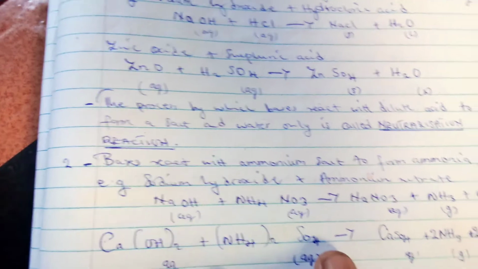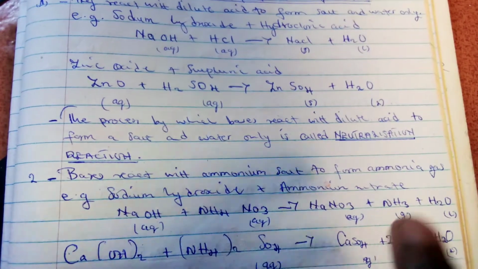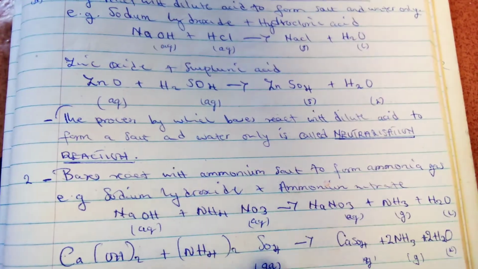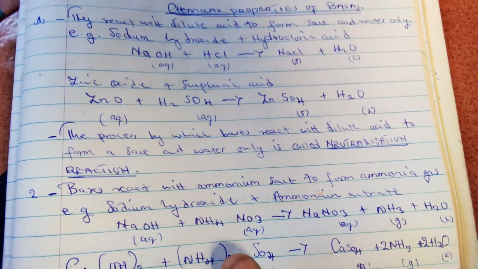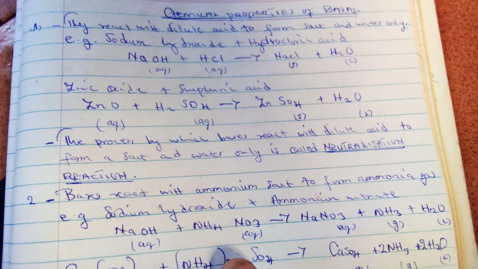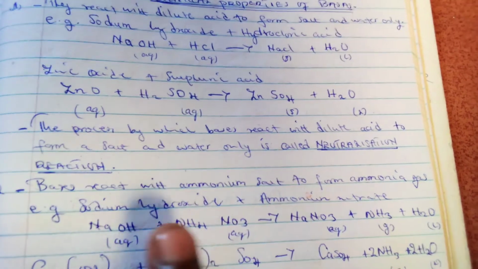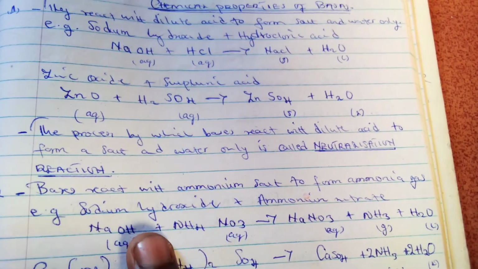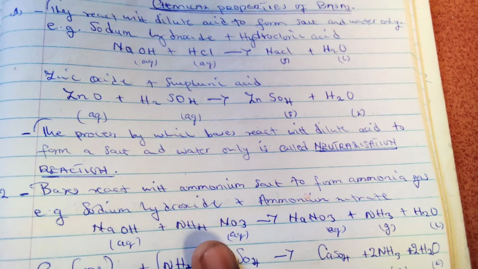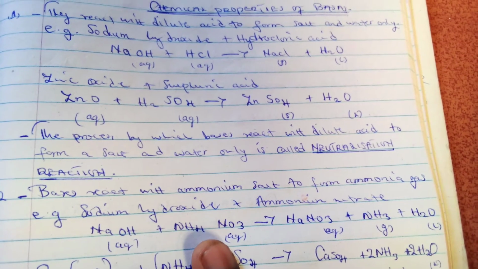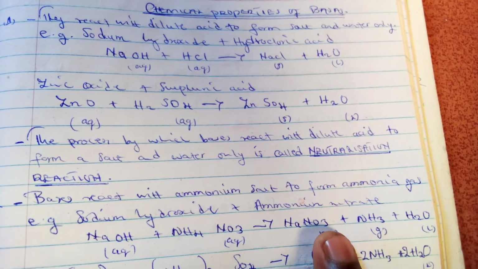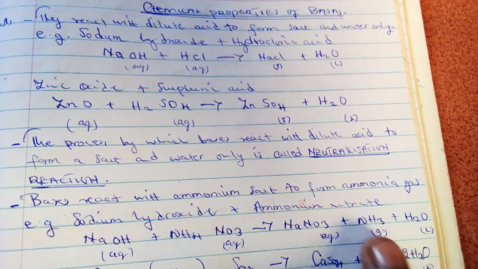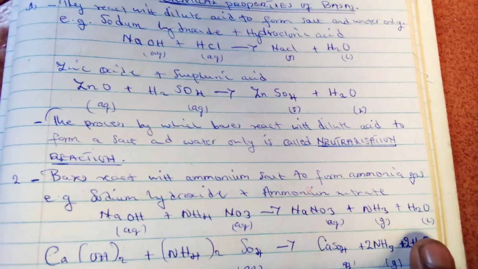Then a base can react with an ammonium salt to form ammonia gas. Let's take, for example, sodium hydroxide reacting with ammonium nitrate. It will give us sodium nitrate, ammonia, and water.